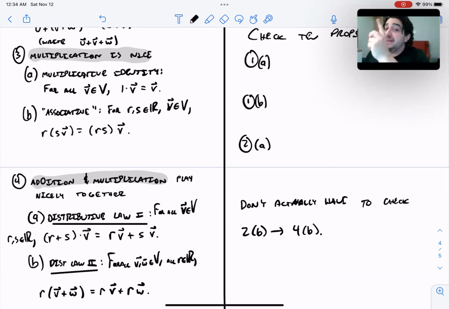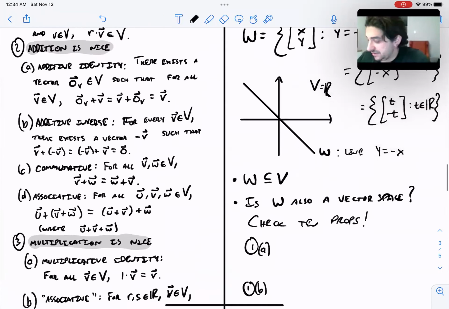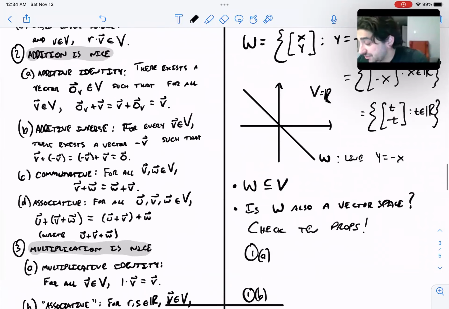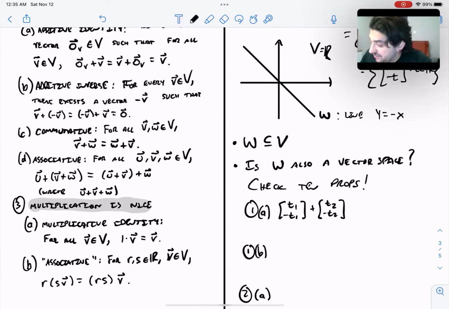You just have to check those first 3. And here's why. Well, suppose you have, so here, let's actually do 1a, right? So why does 1a work? Well, pick 2 points along that line, right? And add them together. Do you get another point along that line?